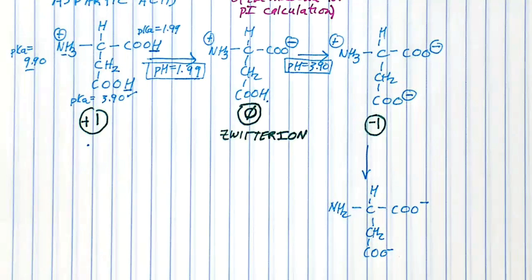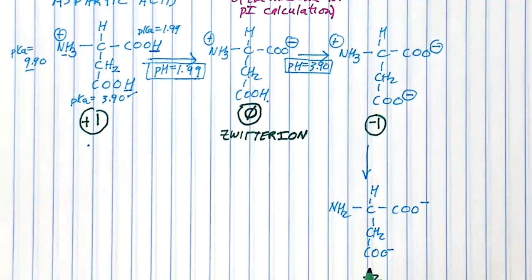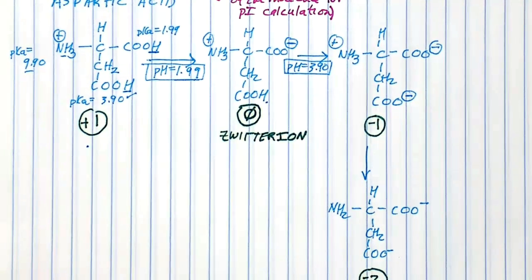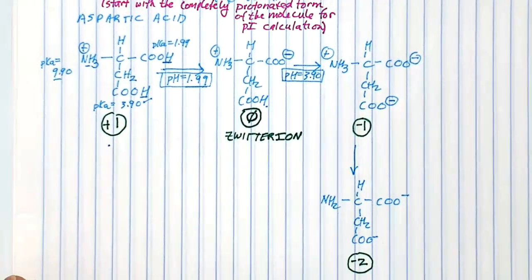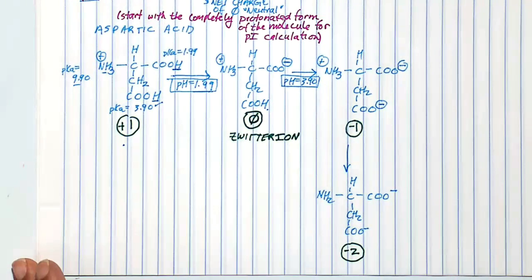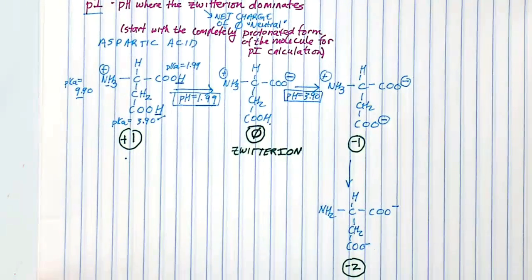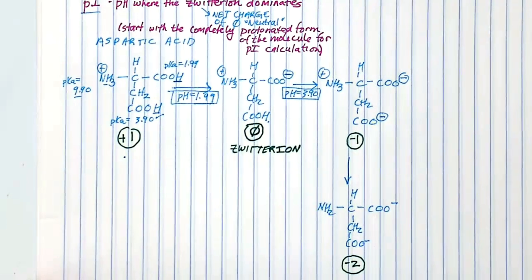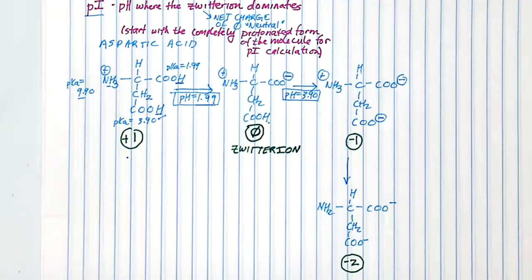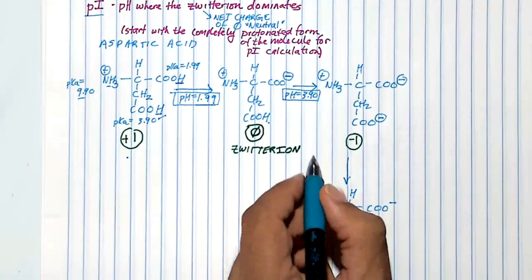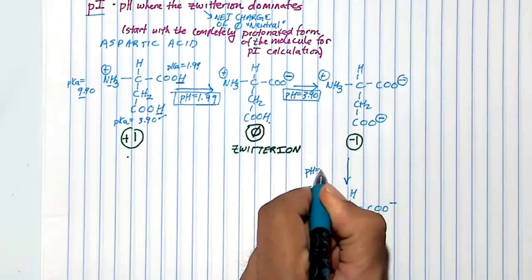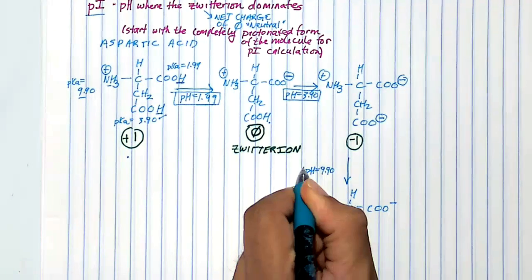We have the -2 net charge form of aspartic acid. And this proton starts to come off at around pH 9.90.